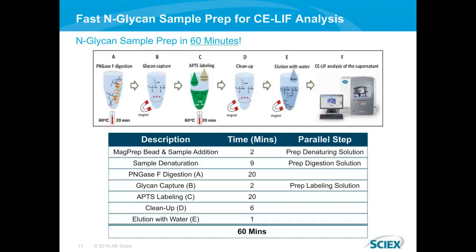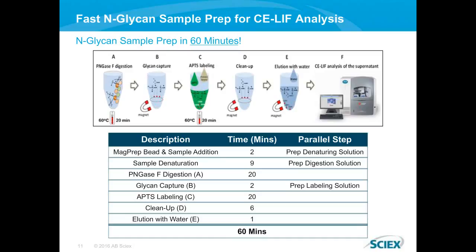We use a magnetic bead-based sample prep, so you add the beads in your sample, a quick denaturation, and then a PNGase F digestion to cleave off the glycans. We pull the glycans down and attach them to the magnetic beads, where we can do APTS labeling, and APTS is just the label that we use.